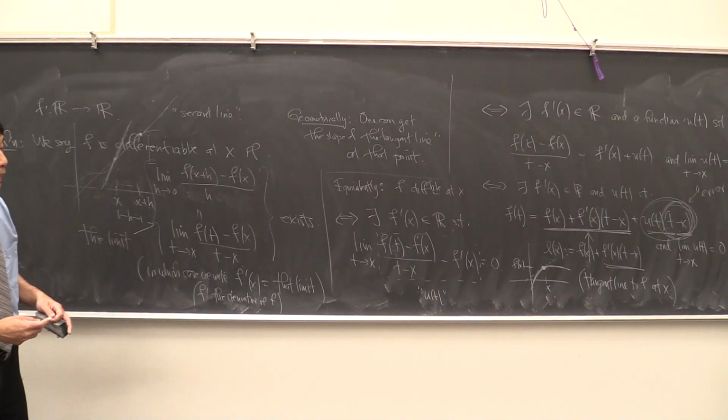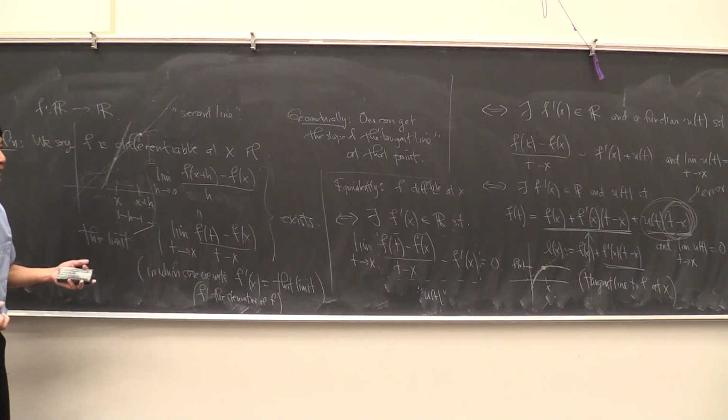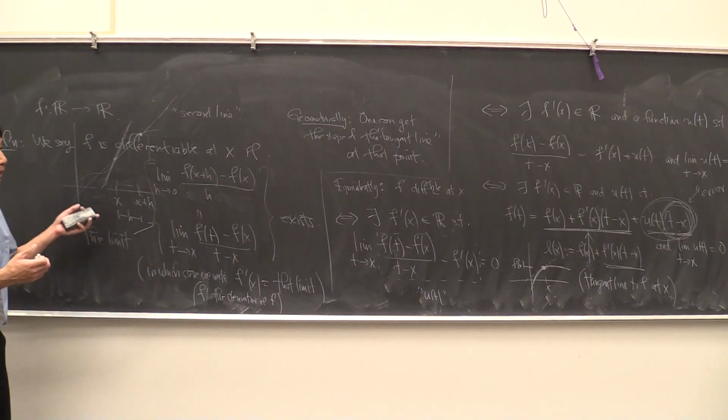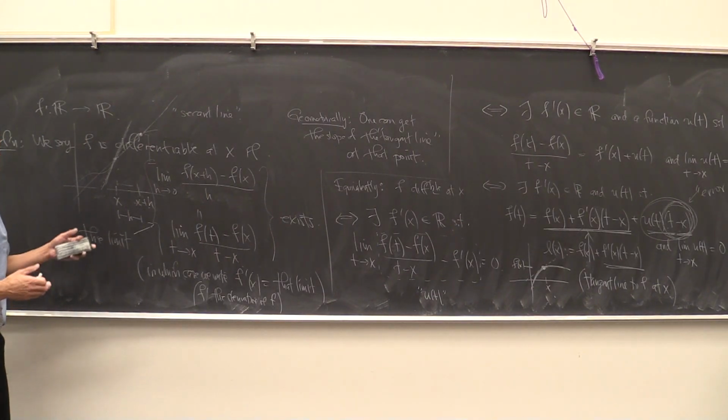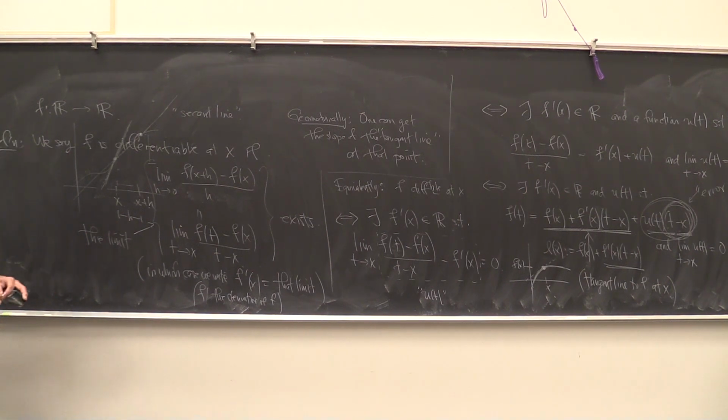My old PhD advisor, Bob Pfefferman, often would say, "morally speaking, this is this." So in this case he would say, what does differentiability mean? It means morally speaking, on the infinitesimal scale, your function is a line.